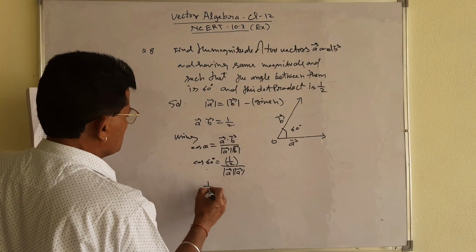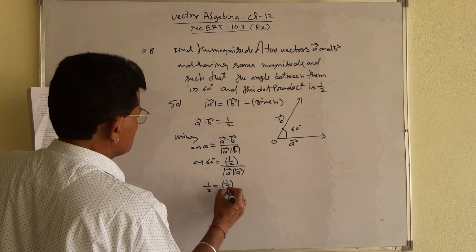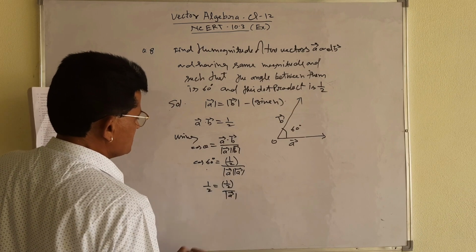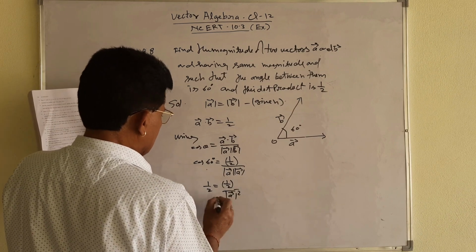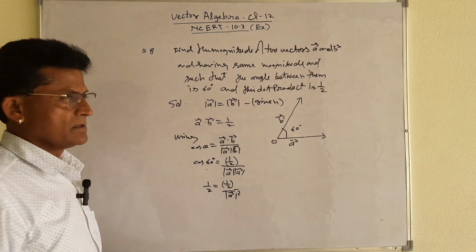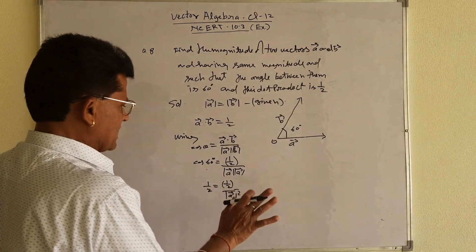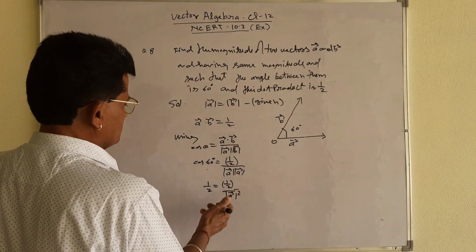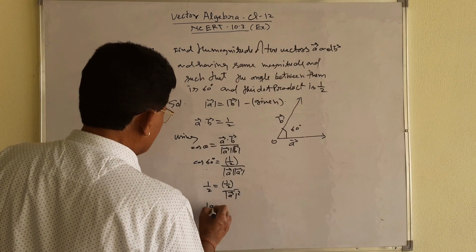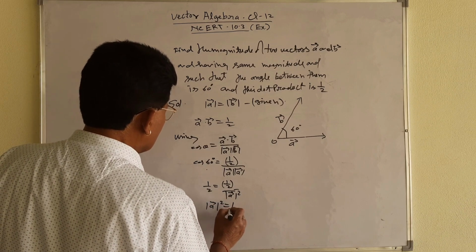It will be equal to 1 by 2 and magnitude of A square. You see, 1 by 2 will be cancelled. Cross multiply कर लीजिए तब भी cancel हो जाएगा. Then magnitude of A square will be equal to 1.